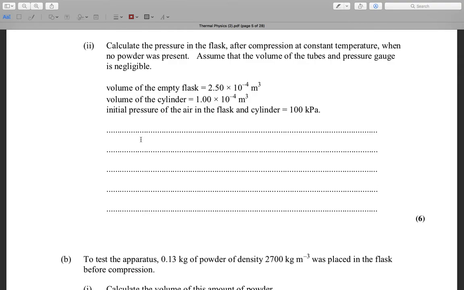We will use the formula for final pressure.